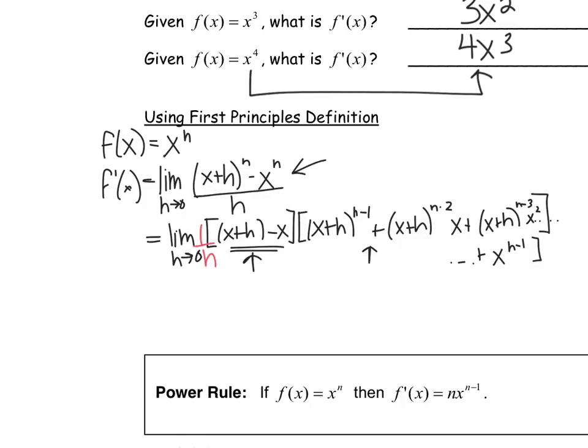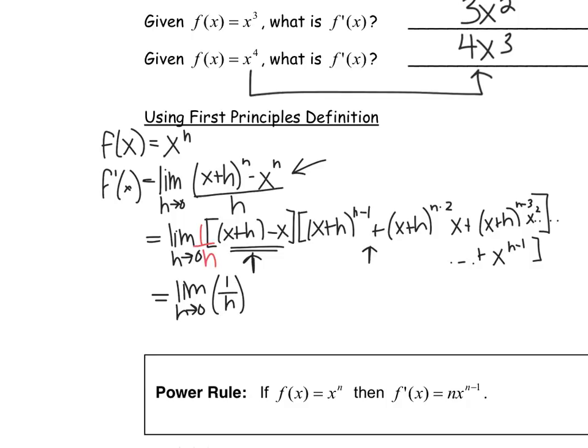When we simplify this, we have our limit as h approaches 0, and let's write the 1 over h in front here.